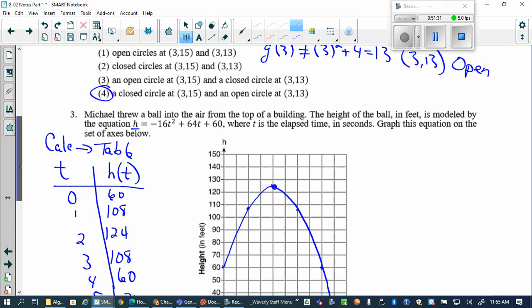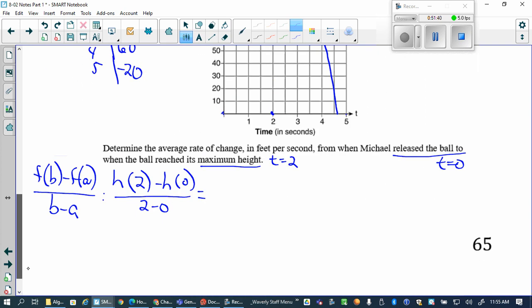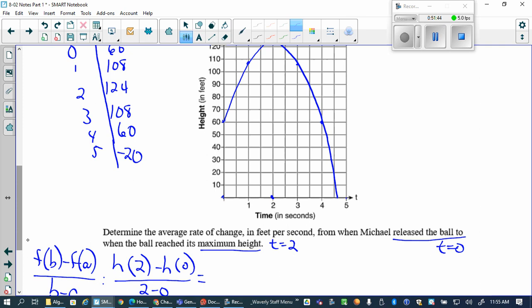Son, it's right there. Did you write the table down? Yeah, put those numbers in down here. What's H of 2? What's H of 0? What's stopping you?